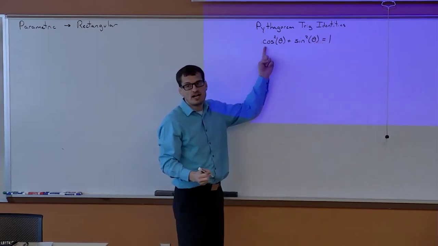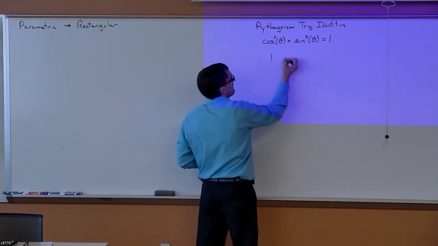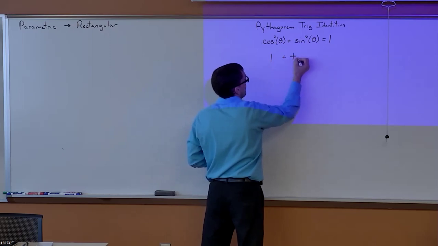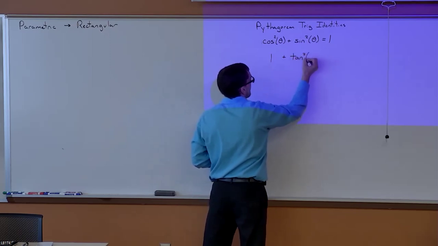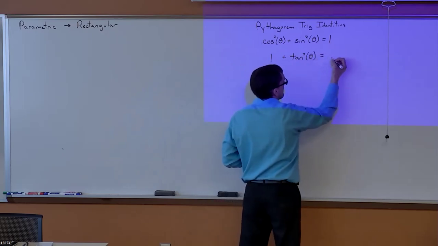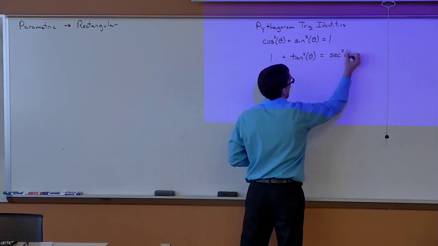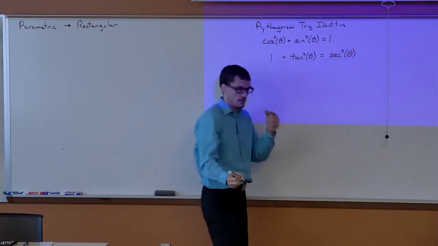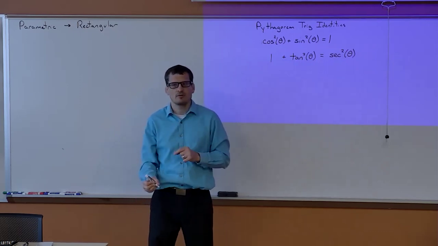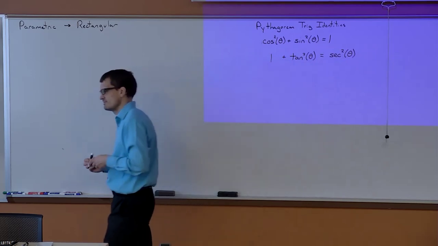And then if you divide this by cosine squared, you get 1. If you divide sine squared by cosine squared, you get tangent squared. And if you do 1 divided by cosine squared, you get secant squared. Okay, remember those? Both of them.